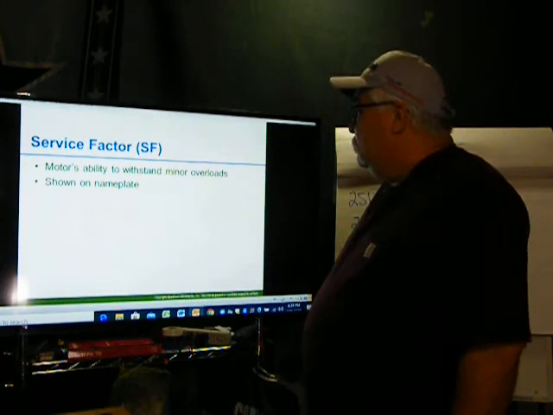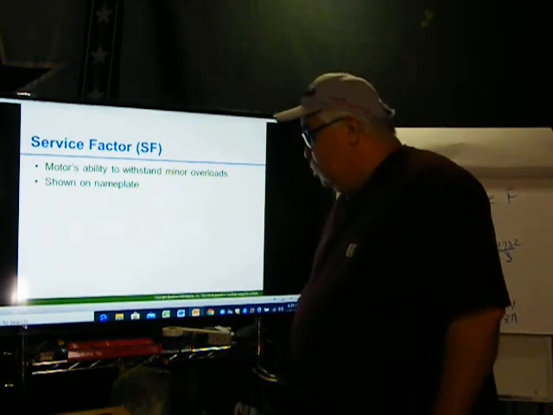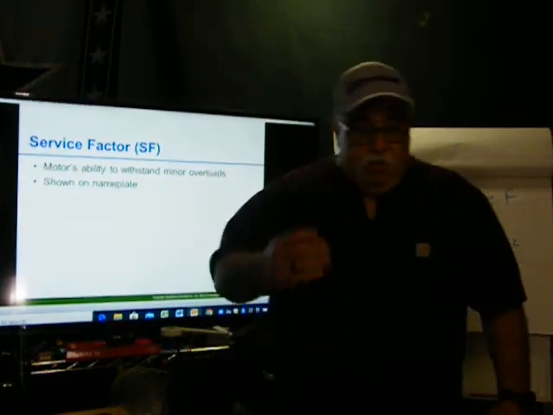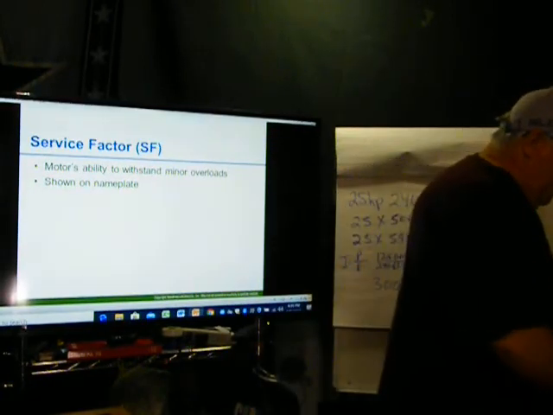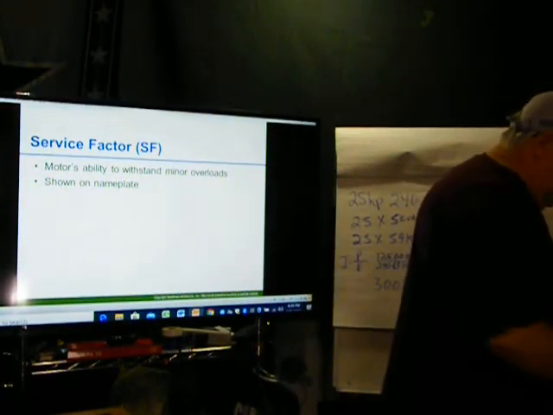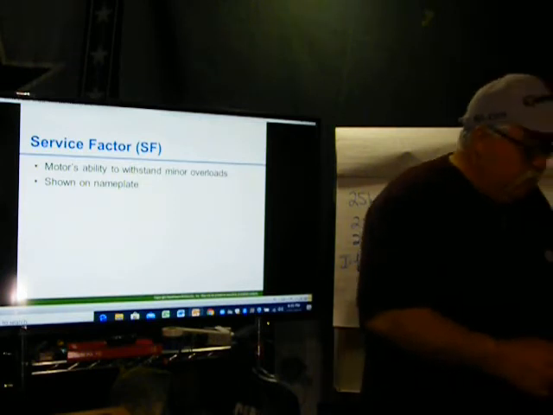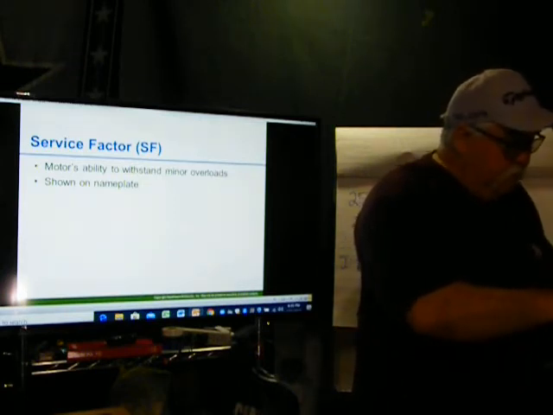Service factor is the motor's ability to withstand minor overloads, shown on the nameplate. On the ones that I sent you, it does have the nameplates.